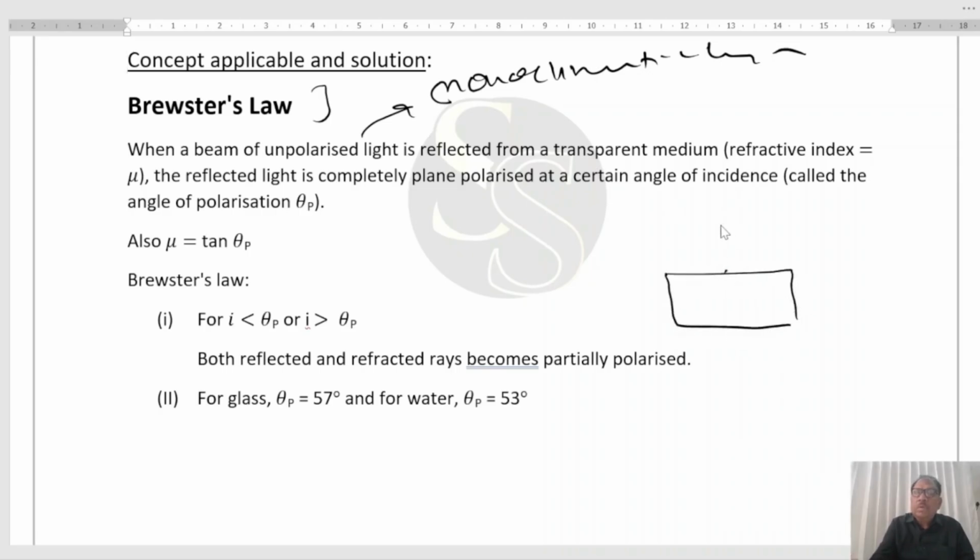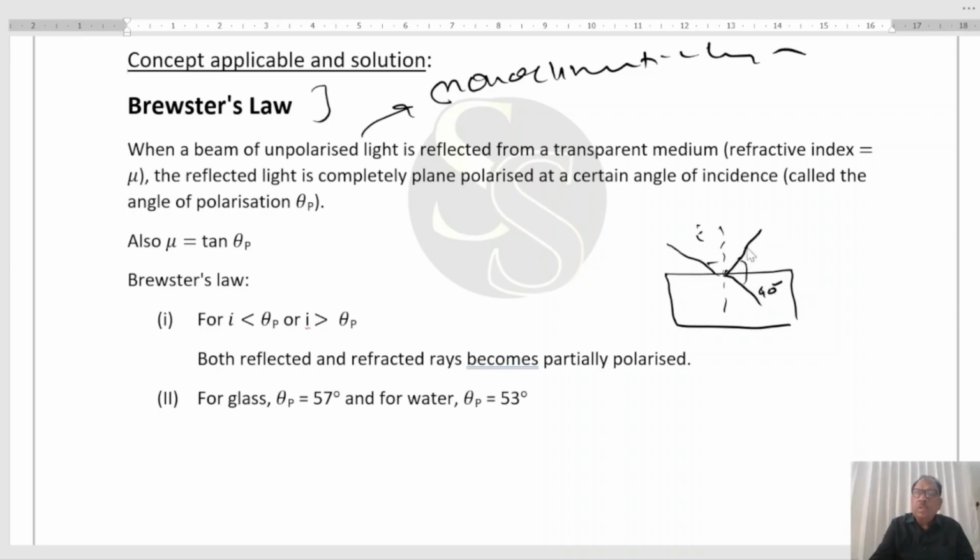Say, this is a point, this is a perpendicular, right? This angle is 90 degree.